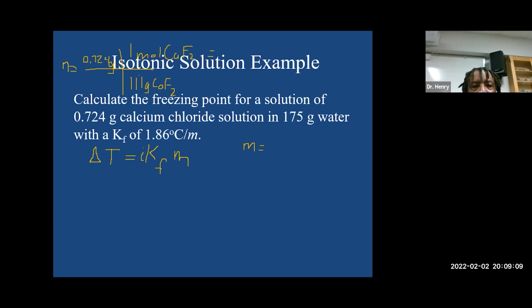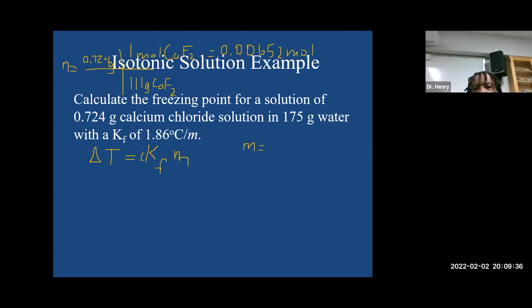Okay, so that's going to equal 0.00652 moles.